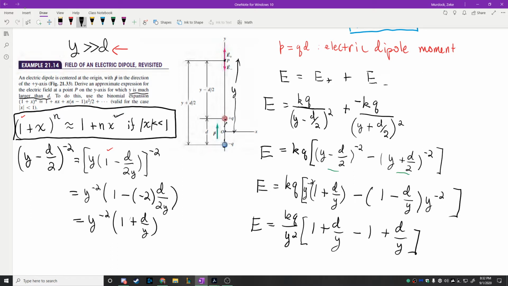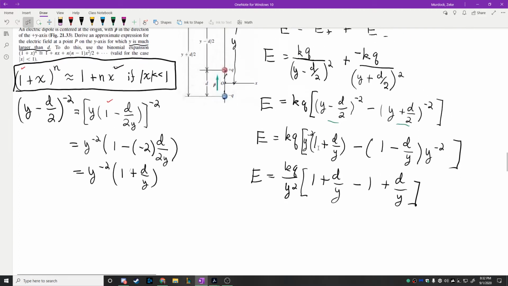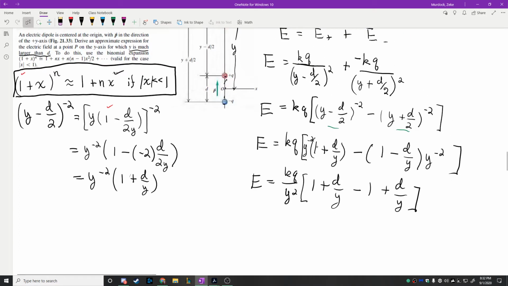Take the y to the negative 2's and pull them out in front. Multiply through the negative 1 to the second term so that it becomes negative 1 plus this. And we end up getting kq times d over y plus d over y, which is 2d over y, so we get 2kqd over y cubed.